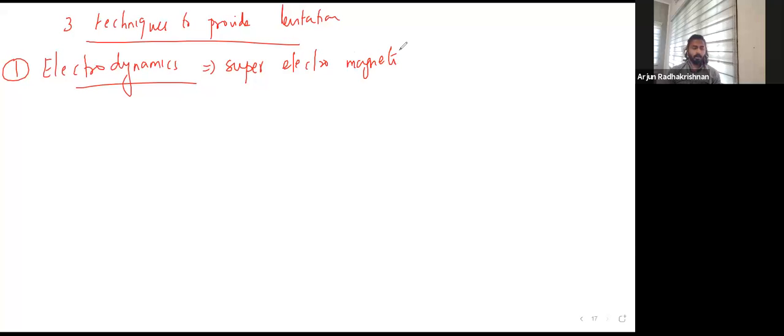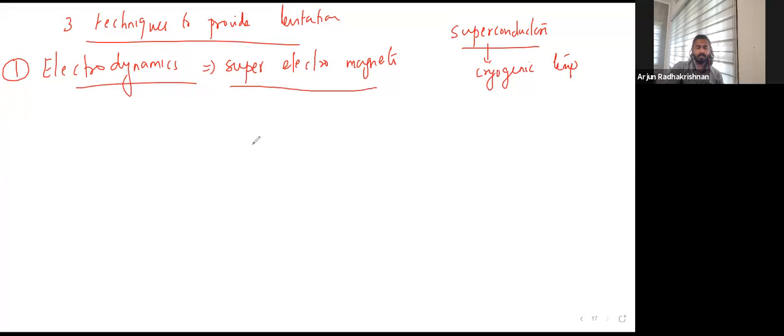See, what are super electromagnets? You might have heard about superconductors. What are superconductors? They exhibit conductivity at sub-zero temperature or at cryogenic temperature. Similarly, substances which exhibit magnetism at cryogenic temperature or sub-zero temperature are called super electromagnets.